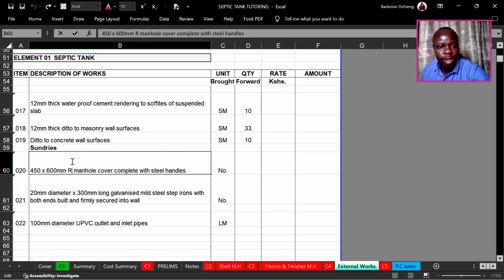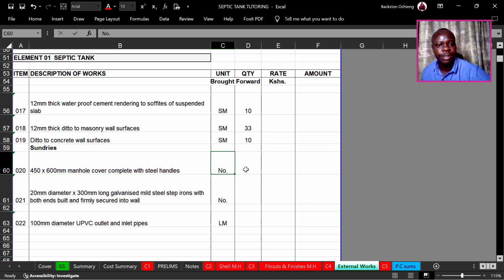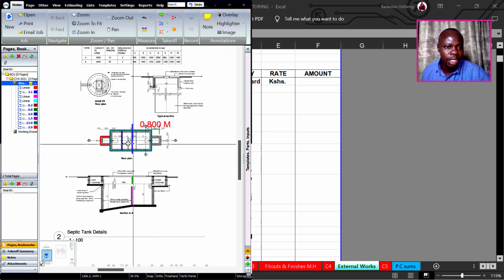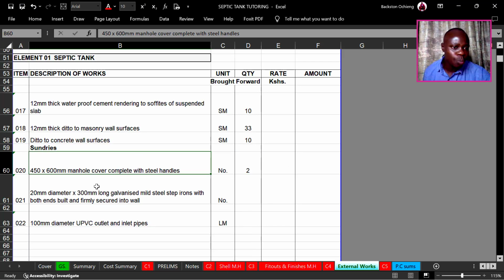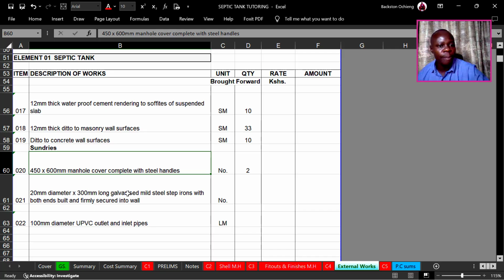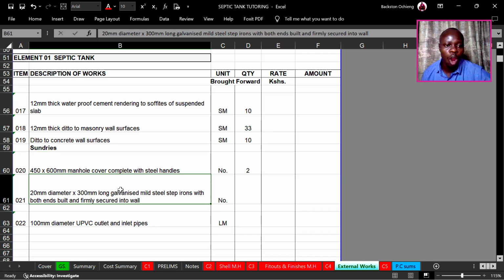So we do away with that description here, with steel handles. So how many manhole covers do we have? Looking at this, there are 2. So we have manhole 1 and manhole 2. So the number there is 2. Then 20 millimeters thick diameter by 300 millimeters long galvanized mild steel step irons with both ends built and firmly secured into wall.